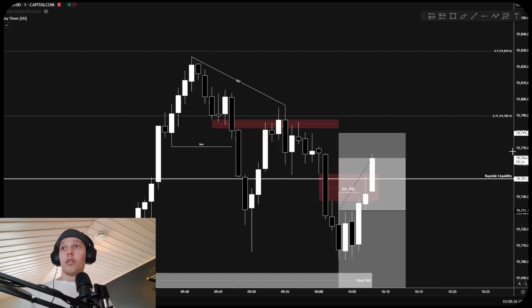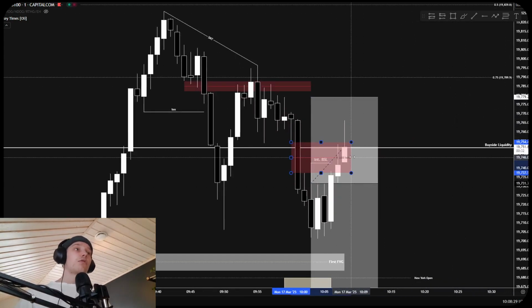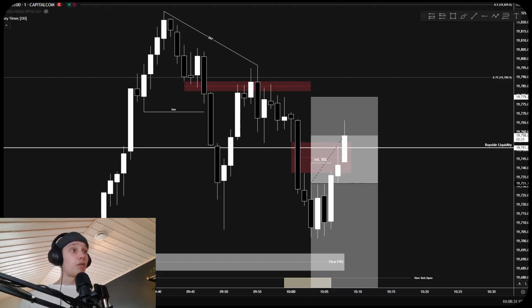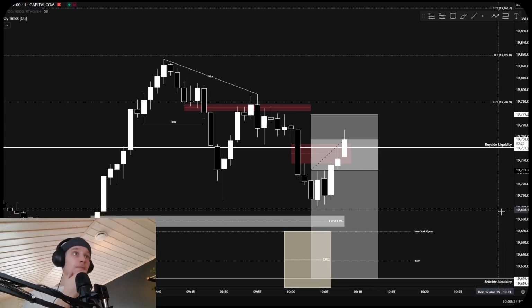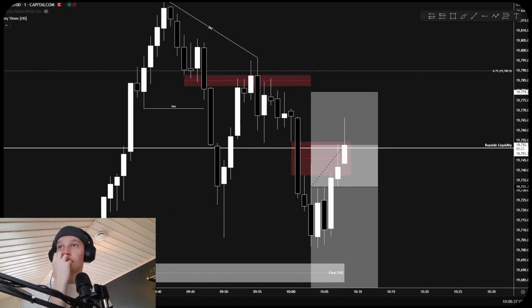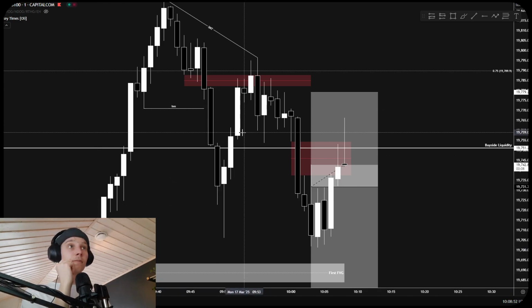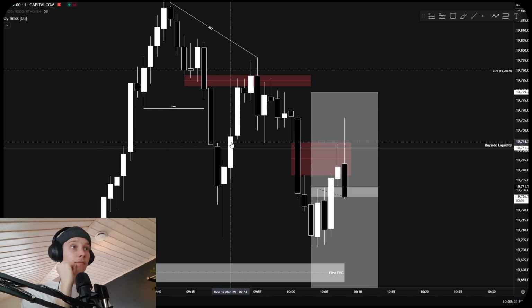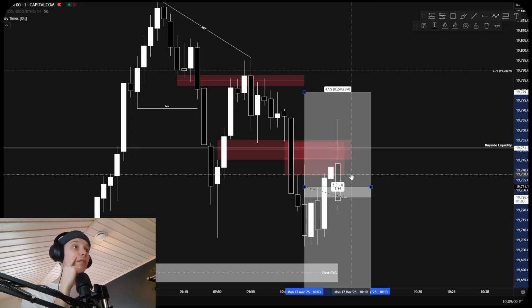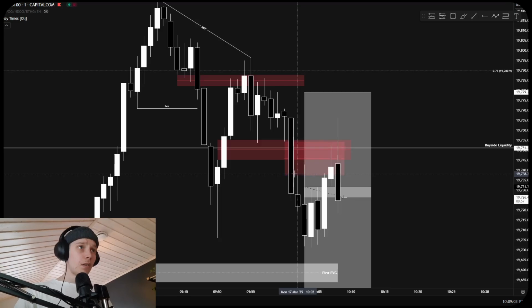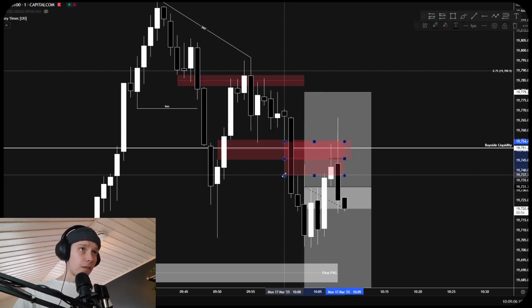So, and I don't like how price is stalling right now in here. This is very annoying. Looking at this right now, or sorry, we are clearly rejecting this fair value gap right now.